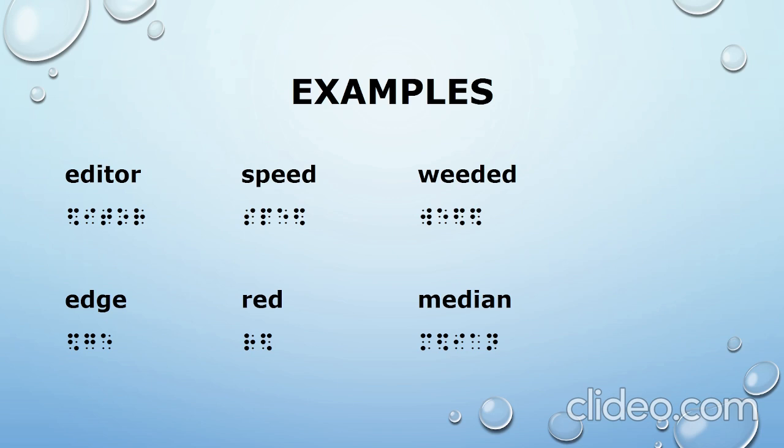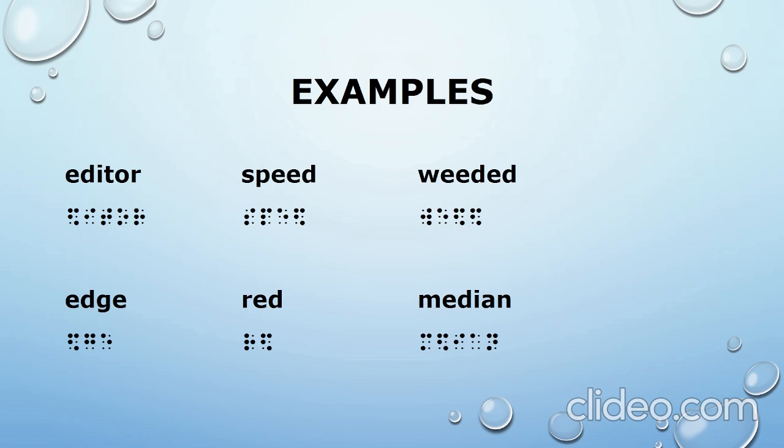We have here the words editor, speed, weeded, edge, red, and median. Let's start with editor. Editor has 6 letters, E-D-I-T-O-R. As you write this word using grade 1 Braille, we make use of 6 cells.